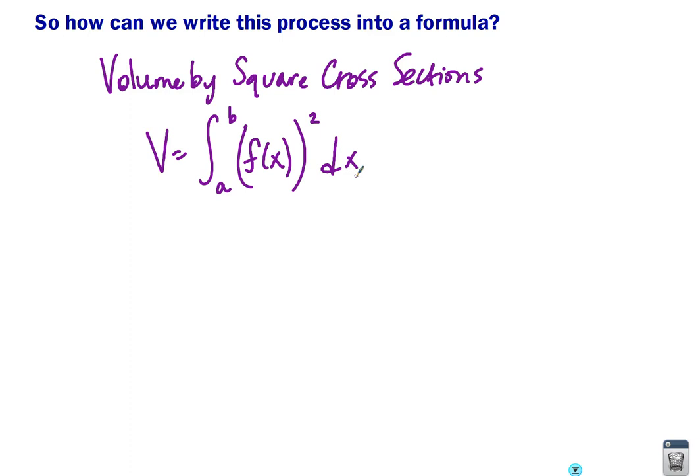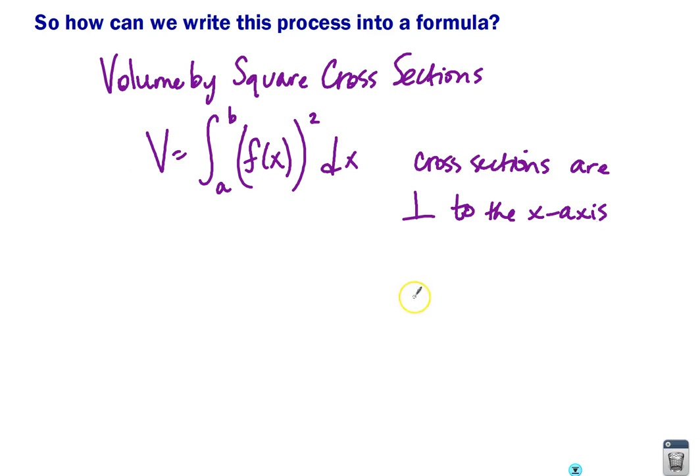Now, this is only for a square cross section, and this particular formula works when our cross sections are perpendicular to the x-axis.